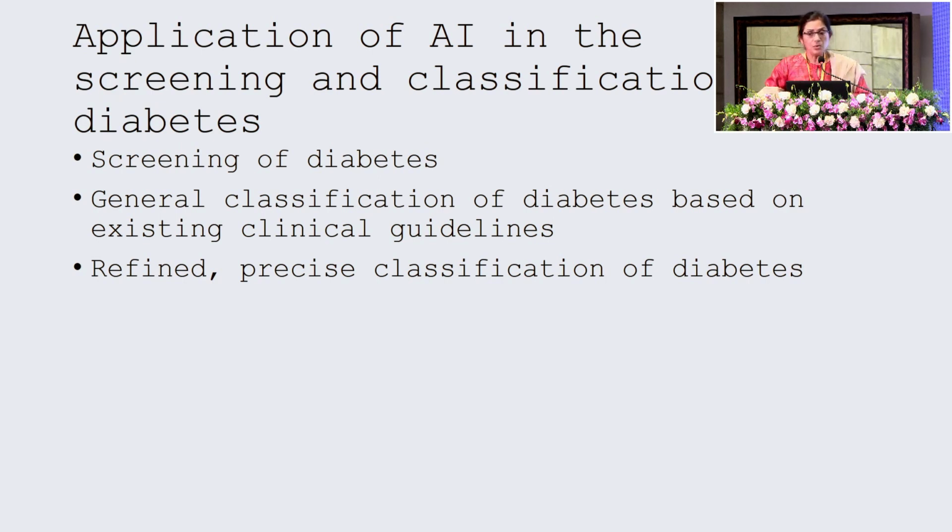And you can only do this kind of cluster analysis across large data sets that have hundreds of thousands of patients, and you cannot undertake manual analysis of such data sets. So here AI gives you an edge where you can go out to a population level, go out to an insurance database, a GP practice database, national databases, and then look at precise classification of diabetes.